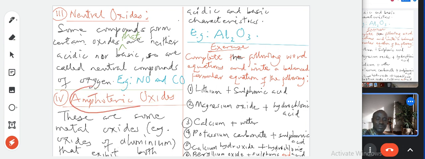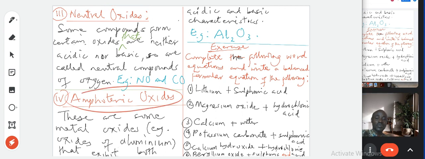They belong to both. Neutral doesn't belong to any, but amphoteric belongs to both.